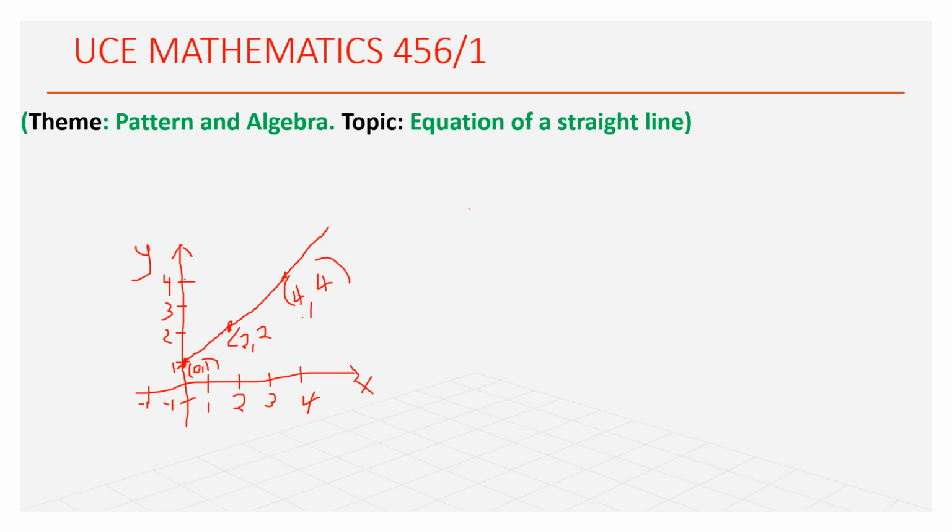For example, from A to maybe B. So what is the coordinate of the midpoint of the line if I'm starting from A up to B? The coordinates are 0, 1 and 4, 4.